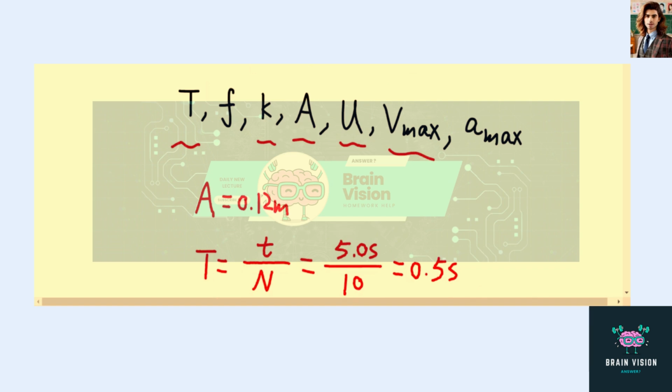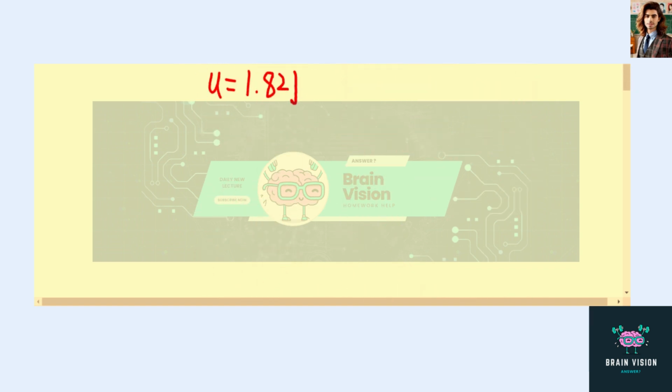Now we can determine the maximum speed. The maximum speed is equal to amplitude times the angular frequency, which is equal to A times omega.